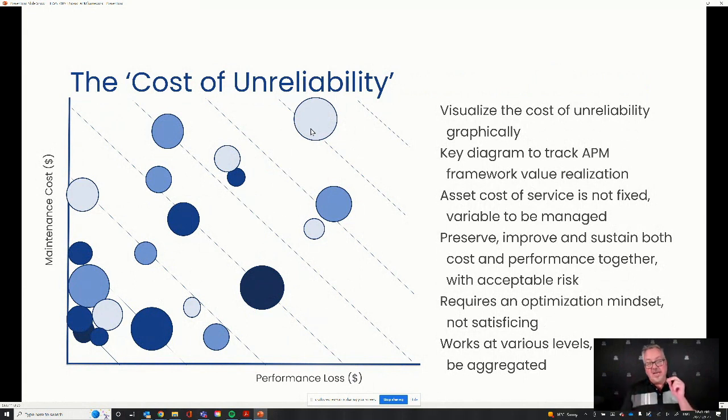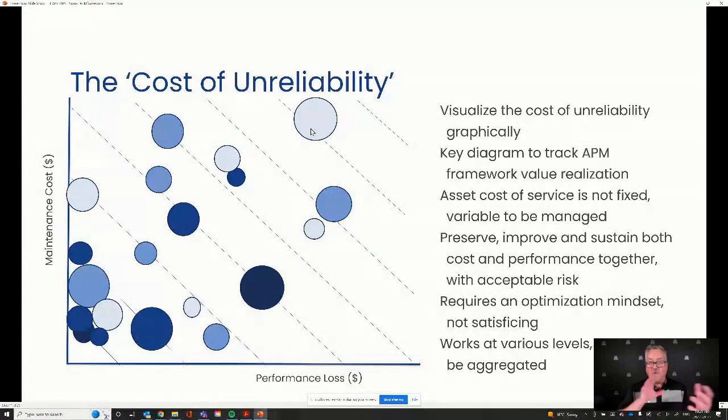But by looking at it this way, what we initiate is an optimization mindset, not a satisficing mindset, and that's very, very key if you want to improve the overall ability to affect the bottom line of the organization.